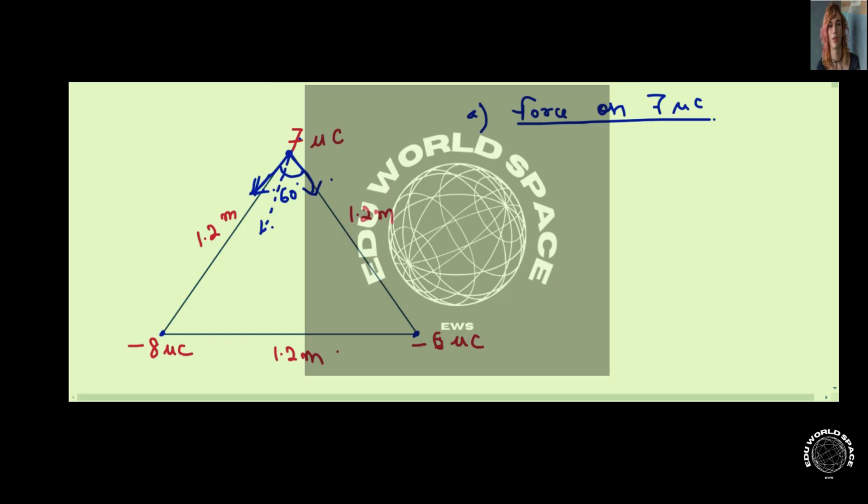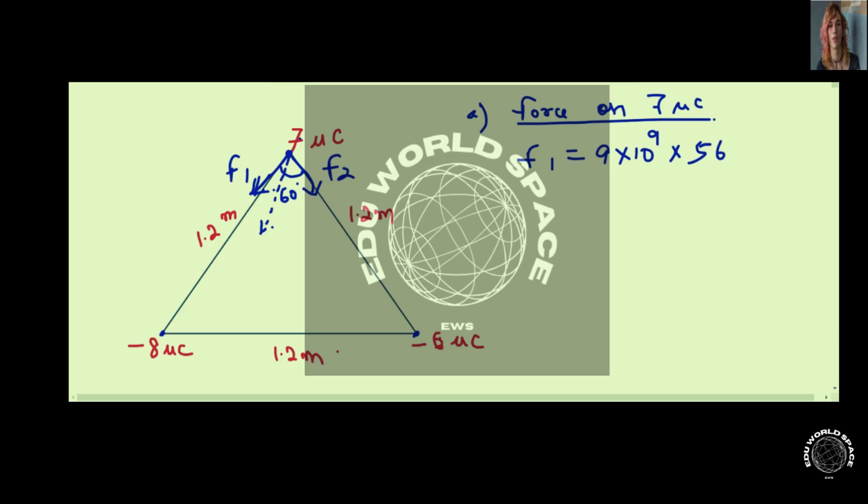Also, we will take the units into consideration. So let us say we name it as F1 and F2, and let's find out F1 here. So F1 will be K Q1 Q2. So these are in microcoulombs, so let's write the value of K as well. K will be 9 into 10 to power 9, Q1 into Q2.